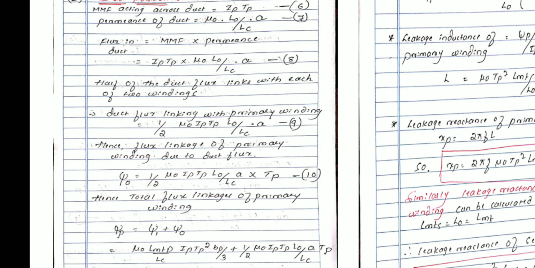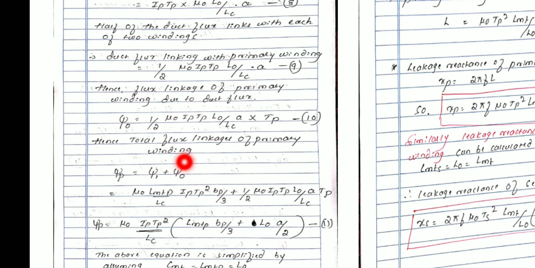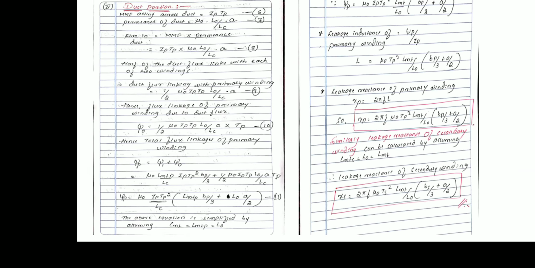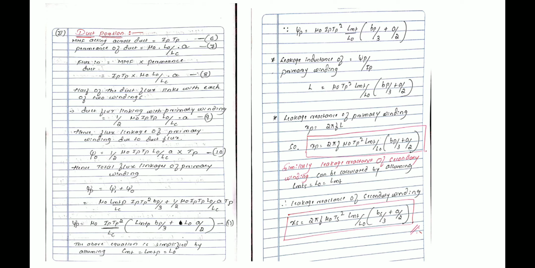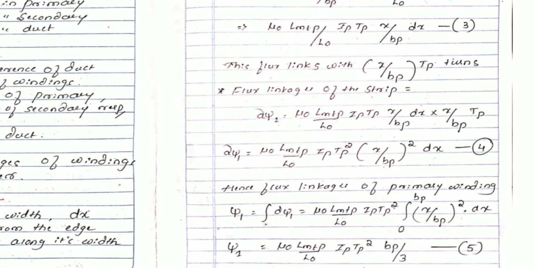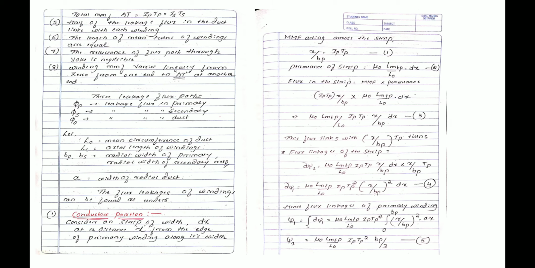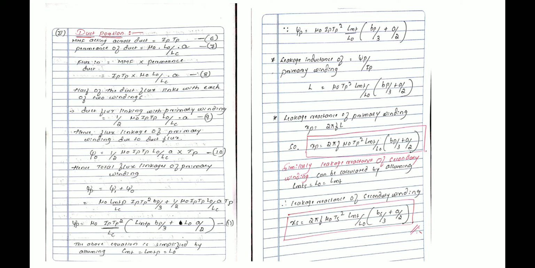Hence, the total flux linkages of the primary winding, which I represent as psi p, is equal to psi 1 plus psi naught. Psi 1, substitute here from equation 5: mu naught Lmt Tp divided by L naught, Ip Tp squared into bp divided by 3.